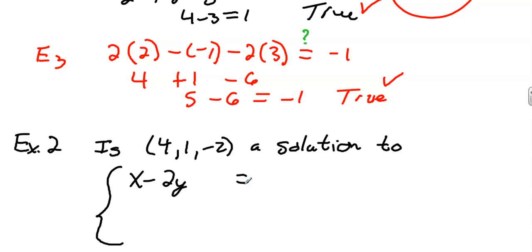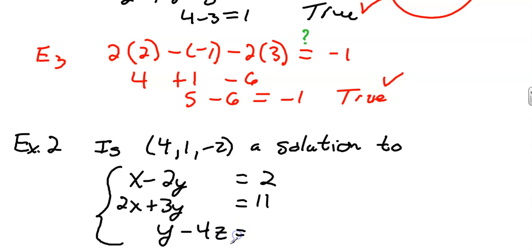So we'll go x minus 2y. They'll skip the z and have it equal 2. And then maybe same thing on the next one. We'll do 2x plus 3y equals 11. And then y minus 4z equals negative 7.